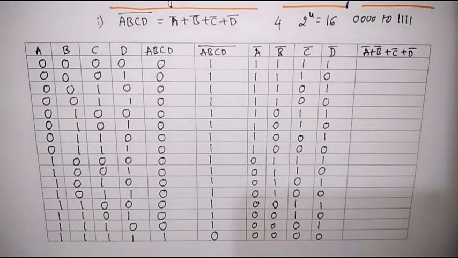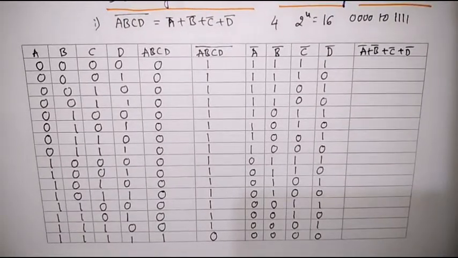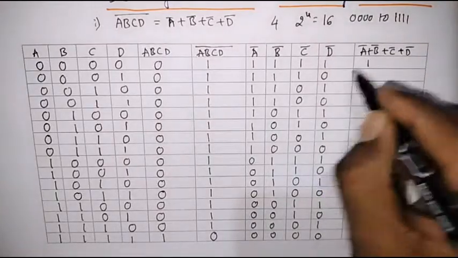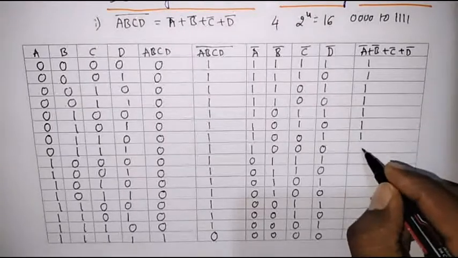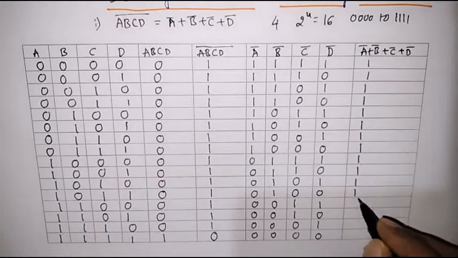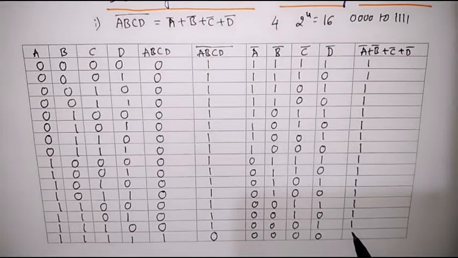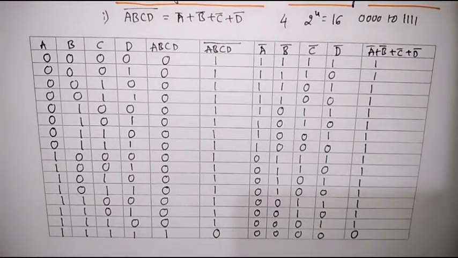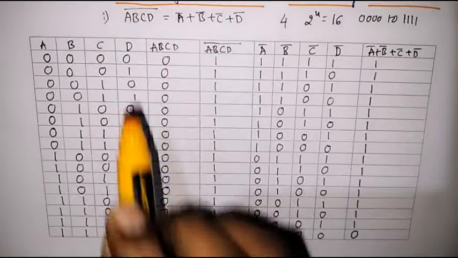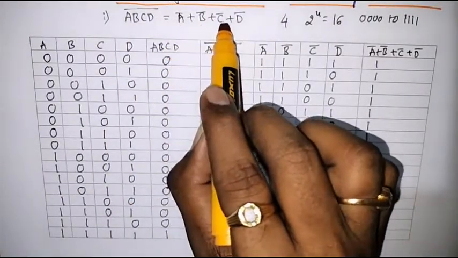We know that addition is nothing but the logical OR operation. If any one of the inputs is 1, the output is 1. If all the inputs are 0, the output is 0. So here it is 1 for all rows except the last, where all the inputs are 0, therefore the output is 0. Now we can observe that (A B C D) whole bar is equal to A bar plus B bar plus C bar plus D bar.